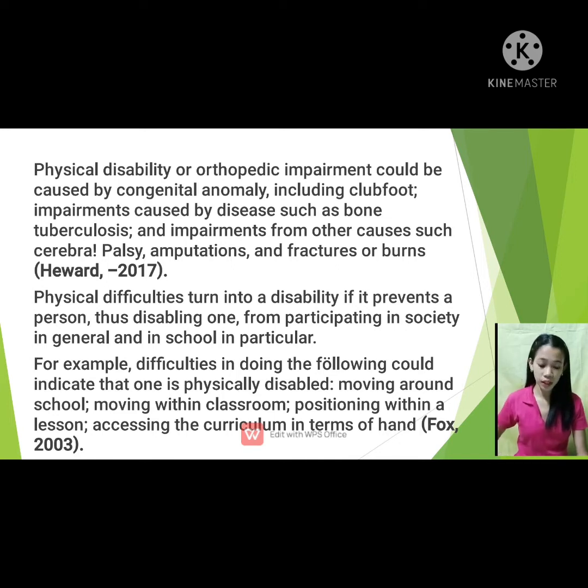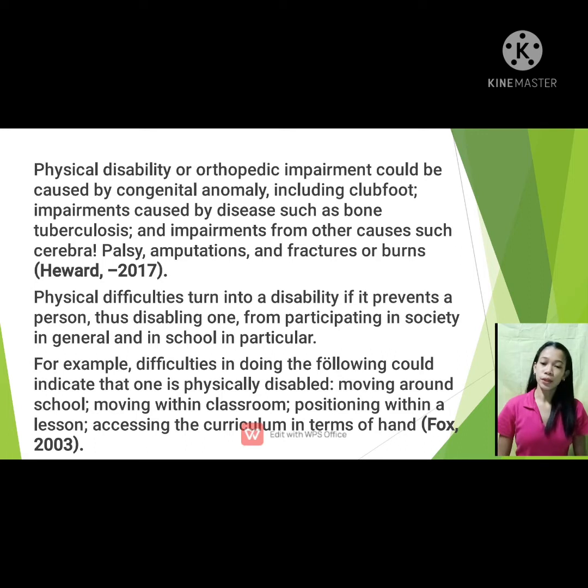Physical difficulties turn into a disability if they prevent a person from participating in society in general and in school in particular.